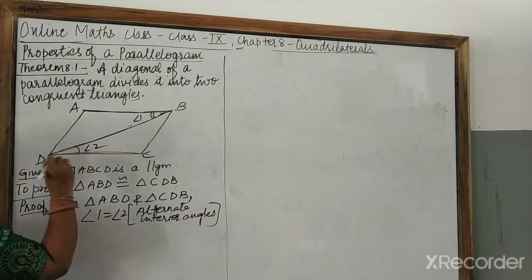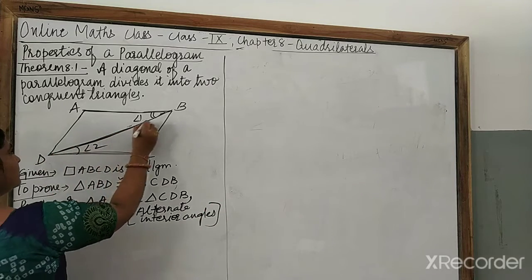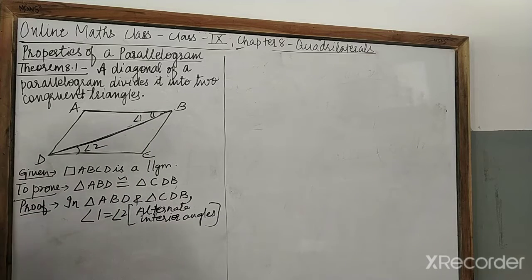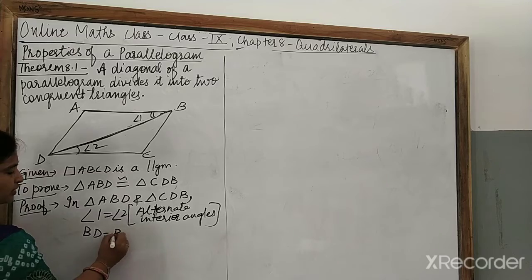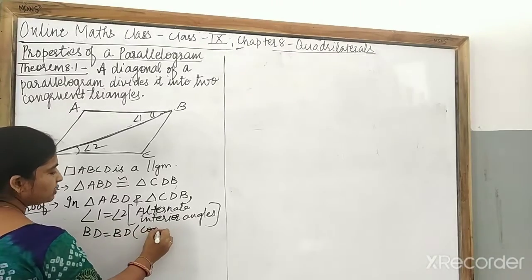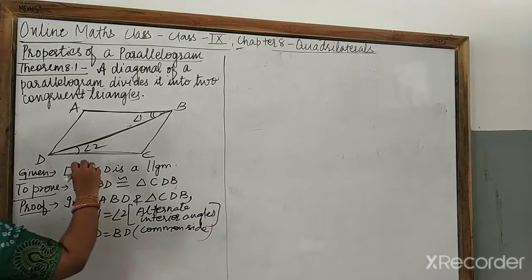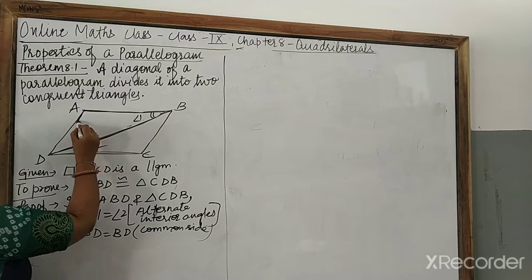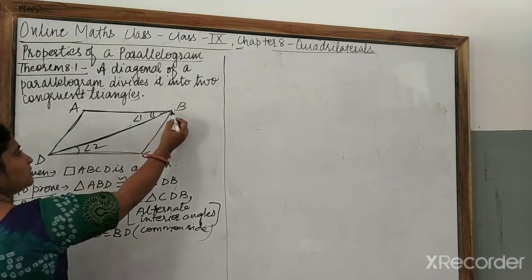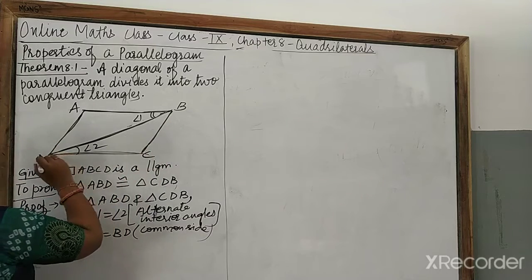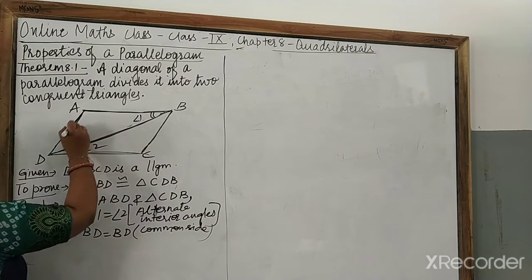Now come to the next. Can you see that here BD is common in both the triangles? So BD is equal to BD. The reason is this is the common side. Now third, can you again see that it is making a Z? Because we know that AD is parallel to BC, and this DB is acting as a transversal.